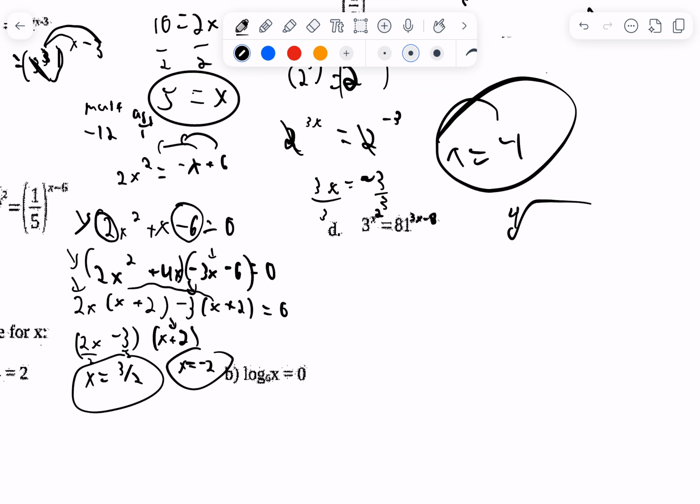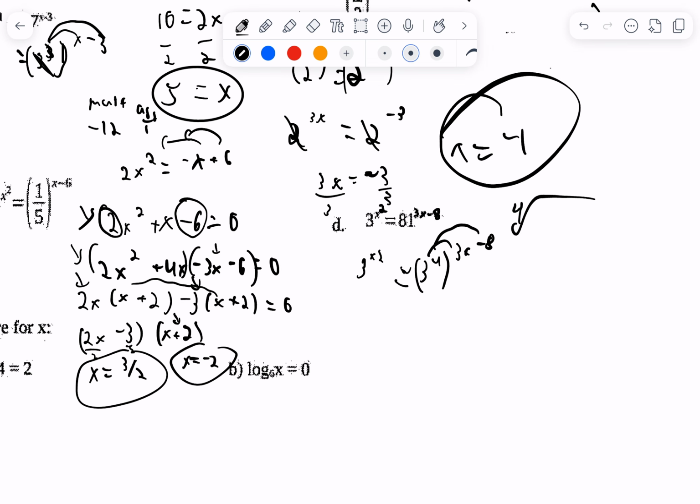So 3 to the power 4 equals 81. So we're going to keep the 3. We're not going to change anything about it because it's already perfect the way it is. But 3 to the power of 4 is 81. And 3x minus 8. And so now we can multiply the outside.